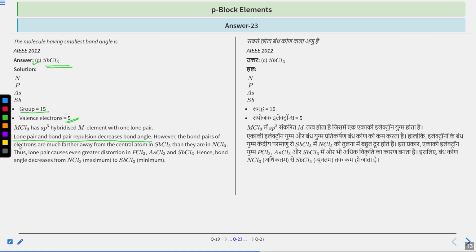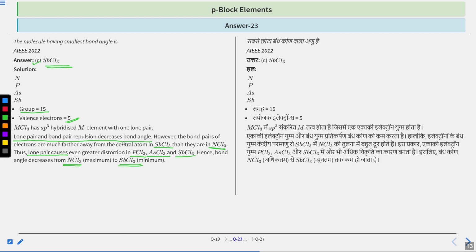However, the bond pairs of electrons are much farther away from the central atom in SbCl3 than they are in NCl3. Okay, so the bond pairs of electrons in the case of SbCl3 are much farther away from central atom than if you see in the NCl3. Thus, the lone pair causes even greater distortion in PCl3, AsCl3, and SbCl3, and hence bond angle decreases from NCl3 to SbCl3.